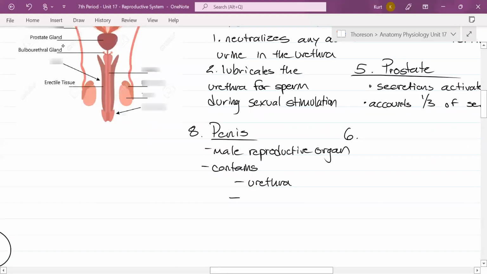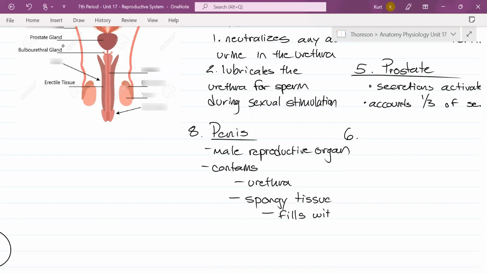It also has spongy tissue. Spongy tissue fills with blood, and that leads to an erection. When a male's erection goes away, it's basically all that extra blood has left. When a male erection actually happens, it has filled with blood. Just like how a sponge can fill with water.